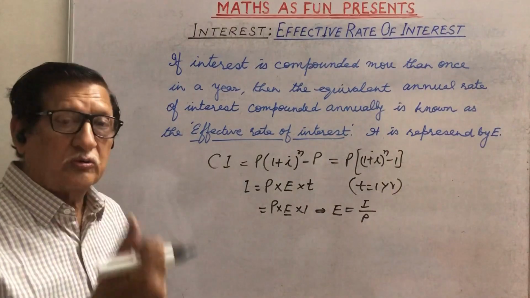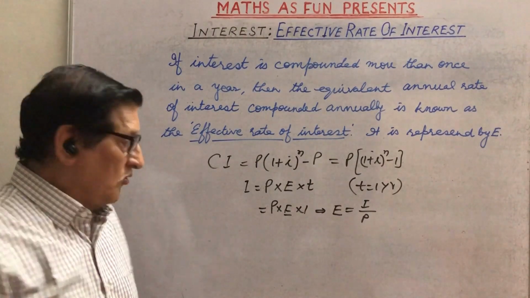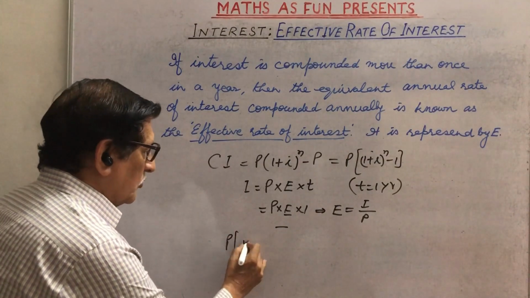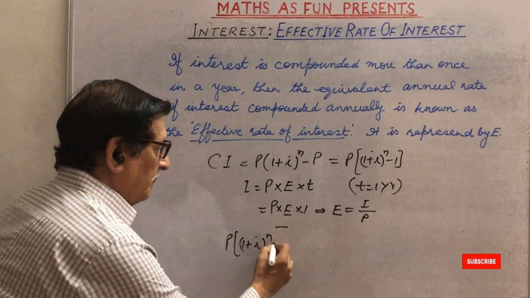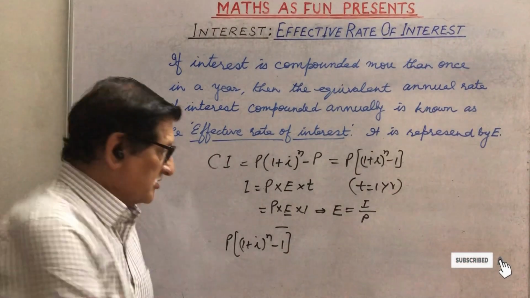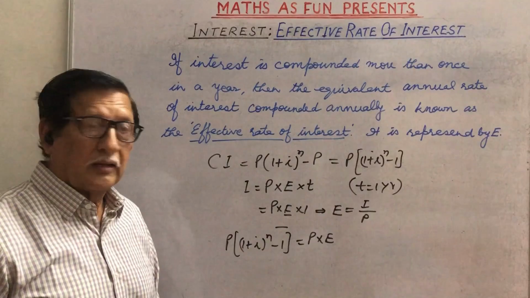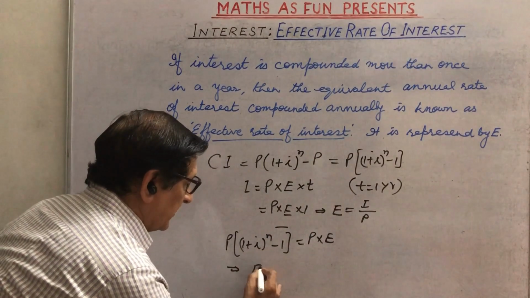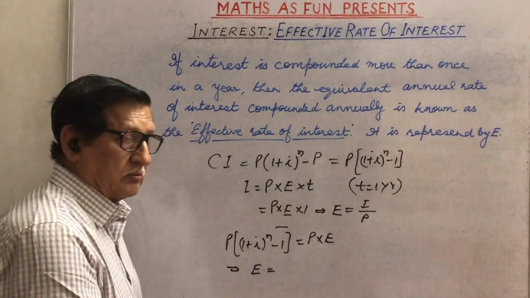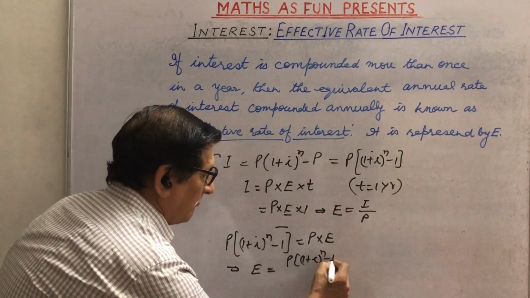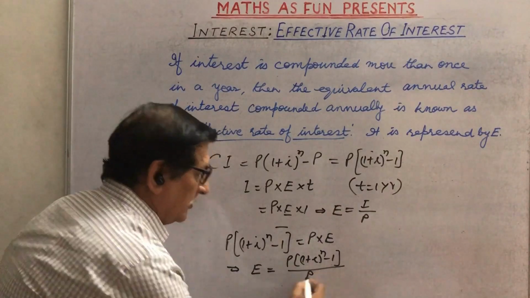But suppose we want to do it directly. We know that compound interest is P into ((1 plus i) power n minus 1), which is equal to P into E. Can we say from this that E will be equal to P into ((1 plus i) power n minus 1) upon P?